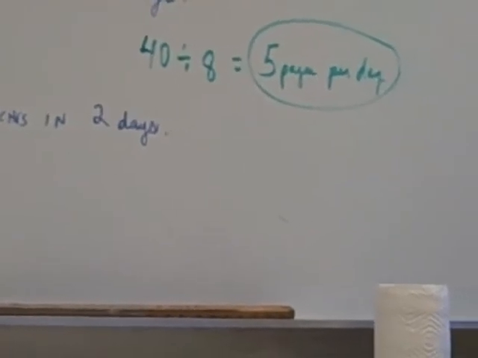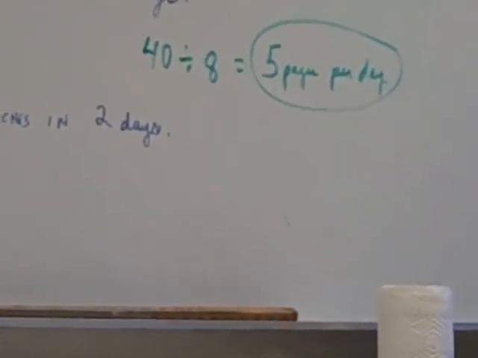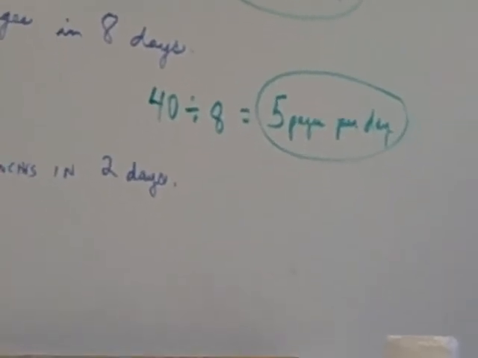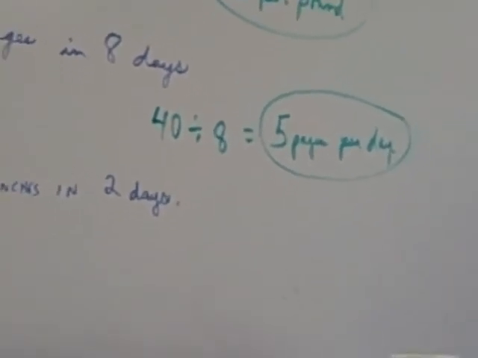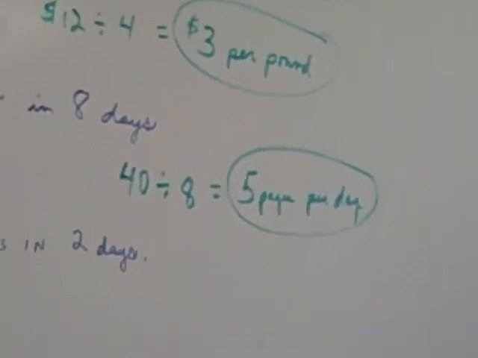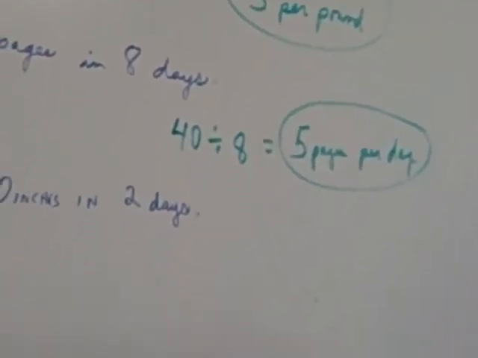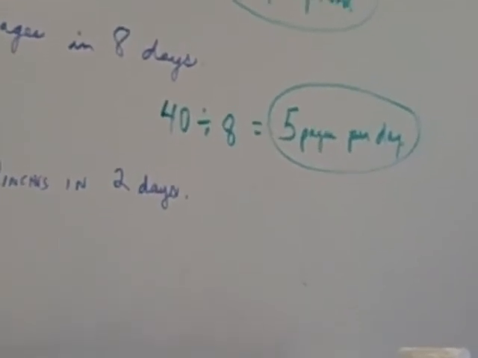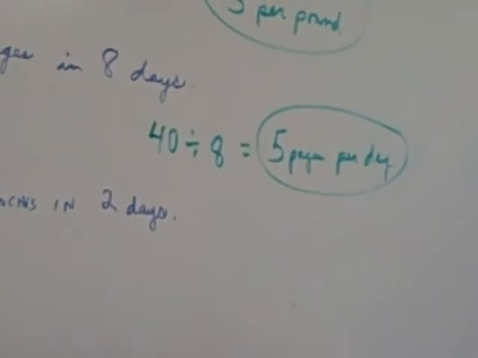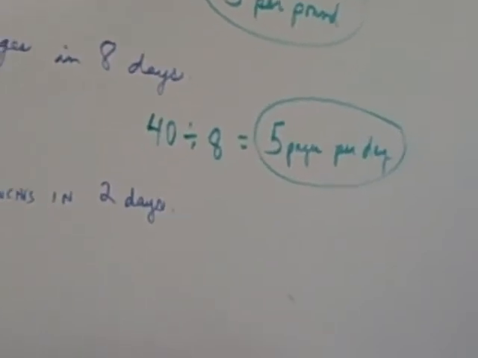How far do I travel in 1 day? Oh, so we did rates in third grade. 400 divided by 4 gives a 100. Now 100 what? Miles per day. You were doing unit rates back in elementary. They may not have called it that. Right? So really you've already done it.